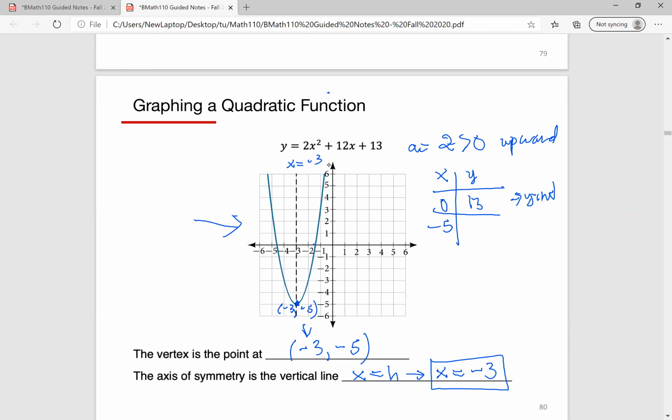Let me see. So 225 plus 12, and then you're going to have 3.